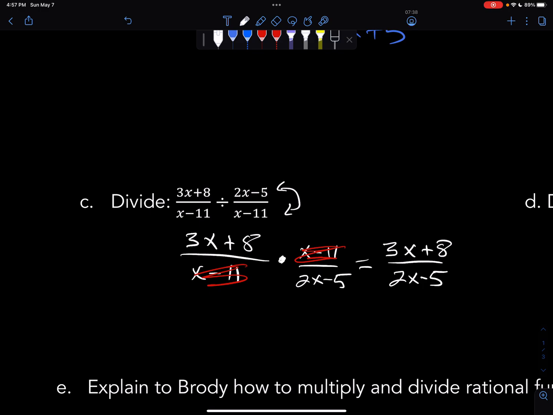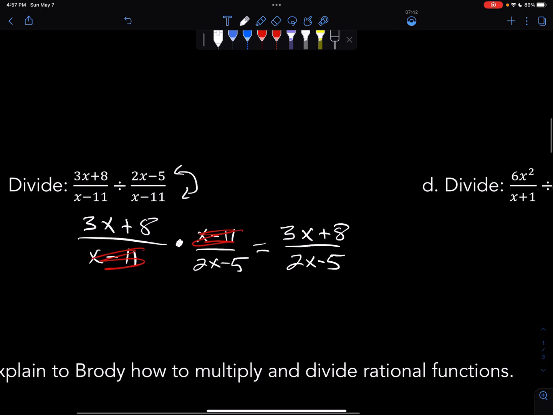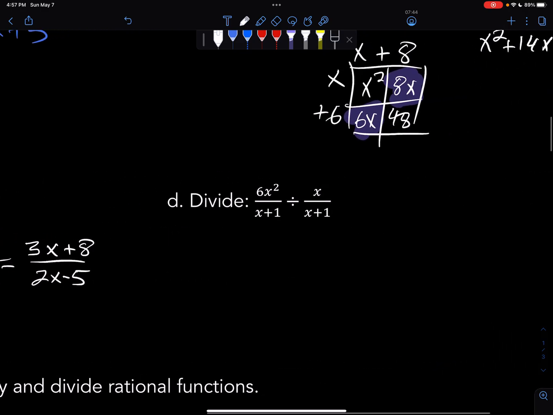Copy dot flip. That one's easy because we can do the cross cancel and you don't have to do anything else. This one will be a little more complicated. Still starting with the copy dot flip. Then the cancel, right?